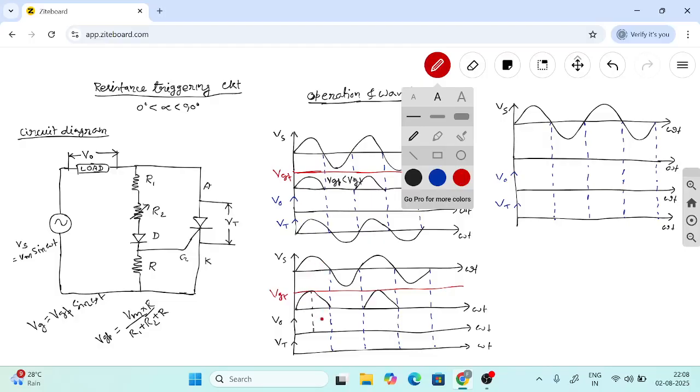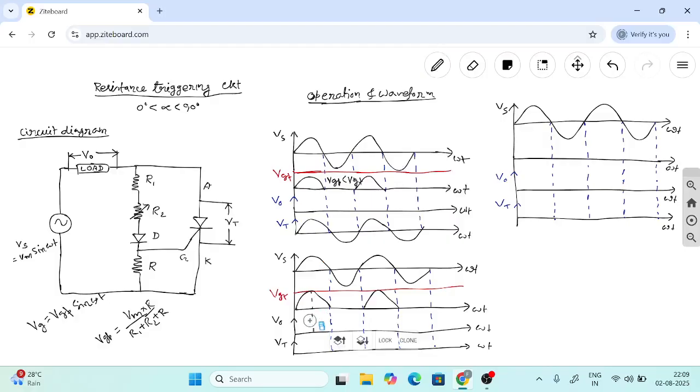Just follow this input waveform from this angle, like this.